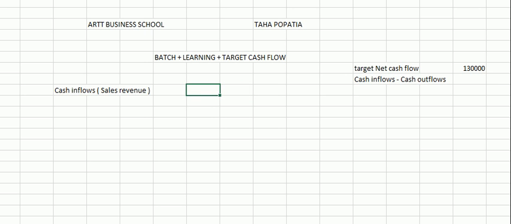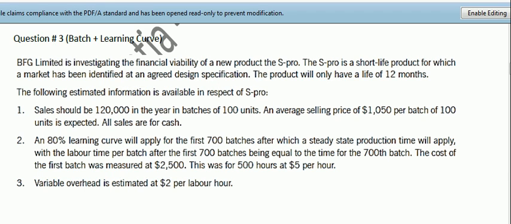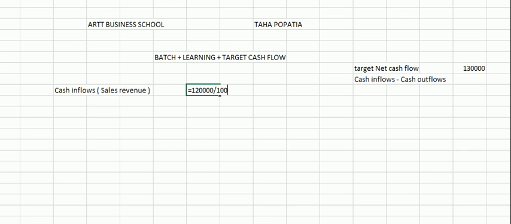So our cash inflow from sales would be, since we have 120,000 units, 120,000 divided by 100 units per batch, which gives us the number of batches, multiplied by the per batch selling price, which is 1050. So this is the amount of cash inflow or sales revenue which is being generated.